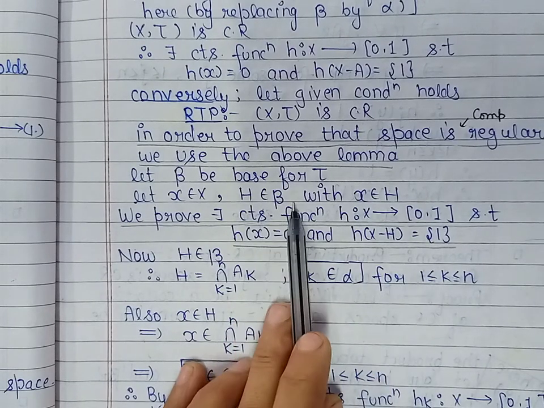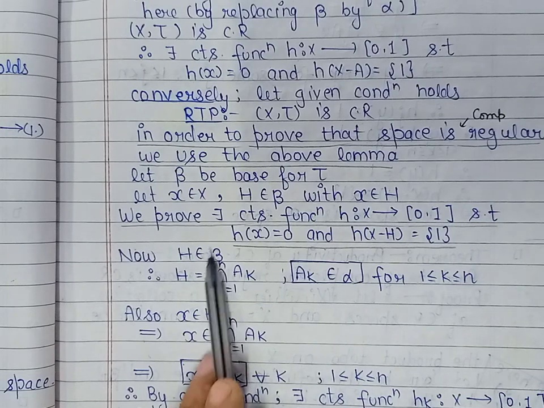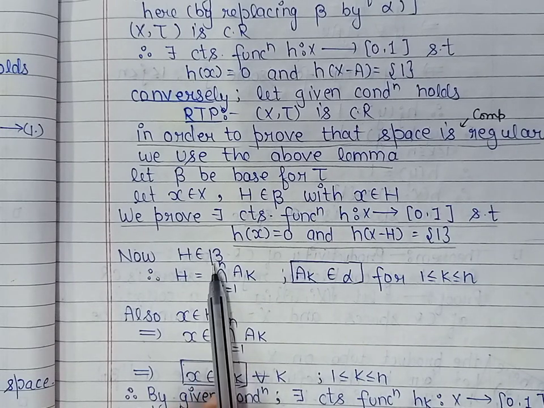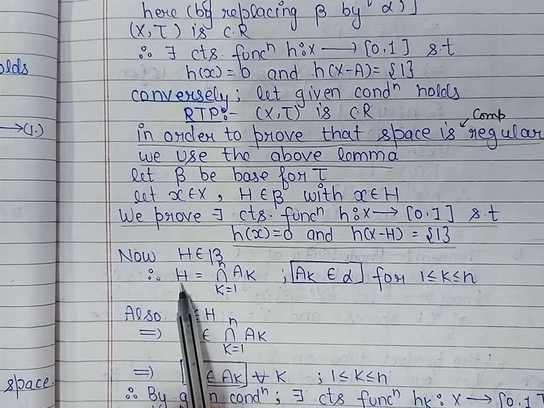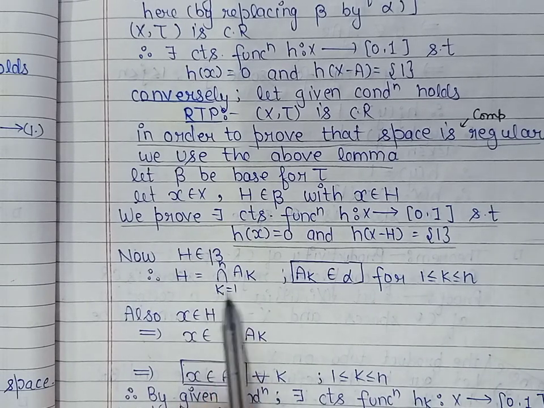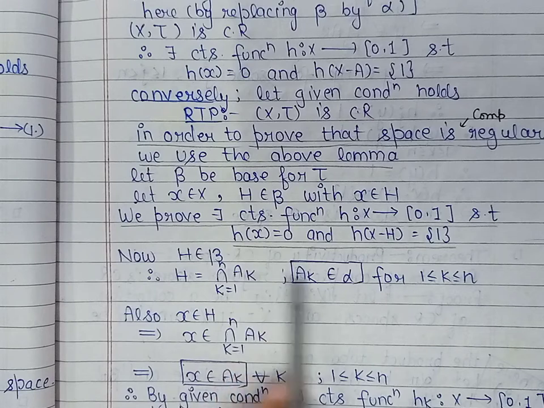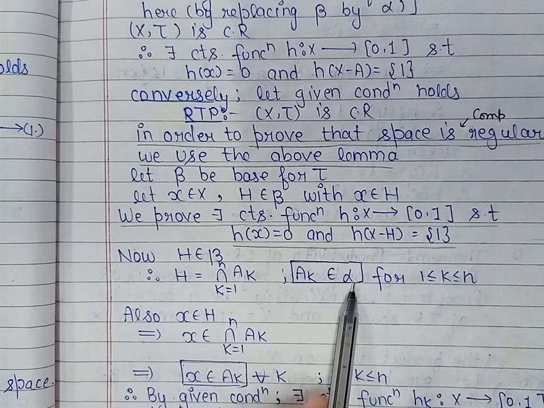Now, because H belongs to beta, by definition beta is a base for the topology and the members of the base are finite intersections of members of the subbase. So we can write H as a finite intersection of members taken from alpha. Here alpha is the subbase for the topology tau.